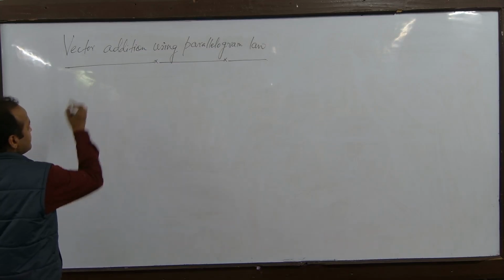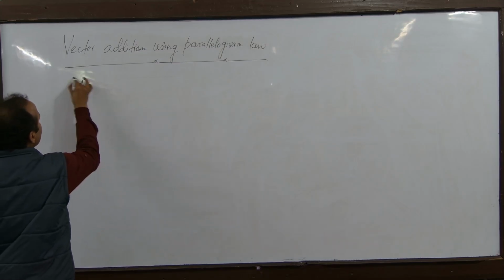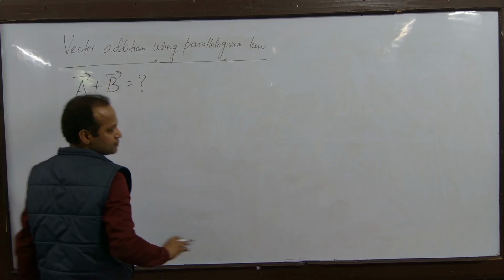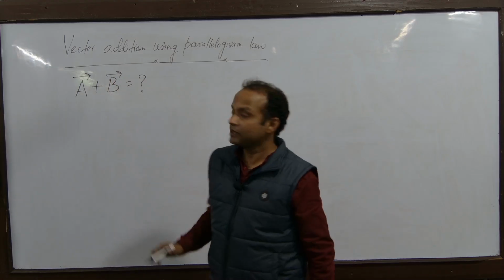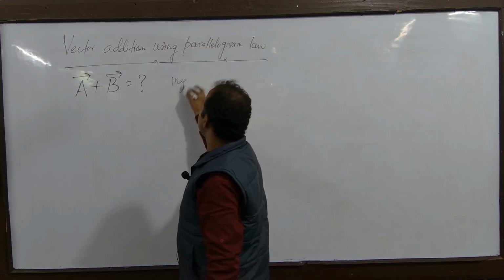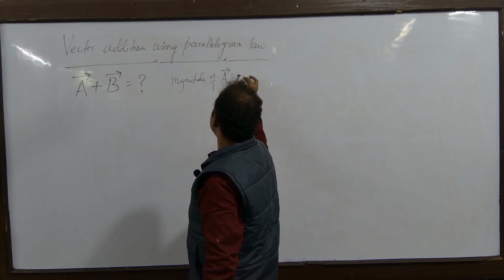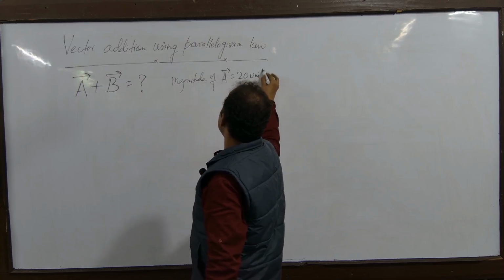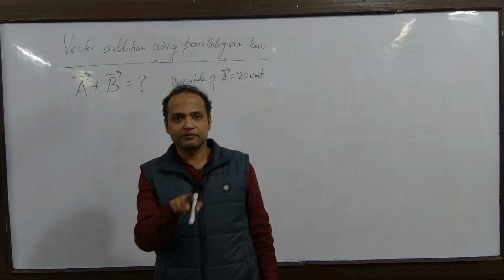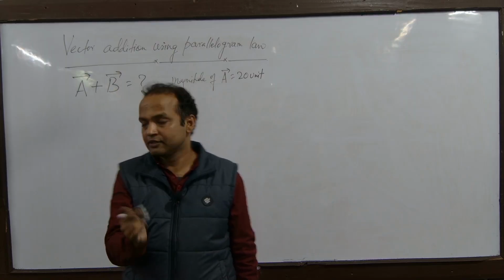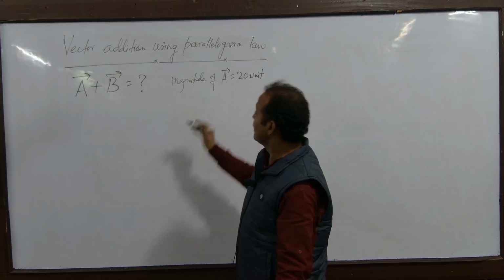Two vectors. Suppose I have to add two vectors a plus b. What will be its value? Okay. If magnitude of a is say 20 unit, a may be anything. A may be force, a may be velocity, a may be any vector quantity, momentum.